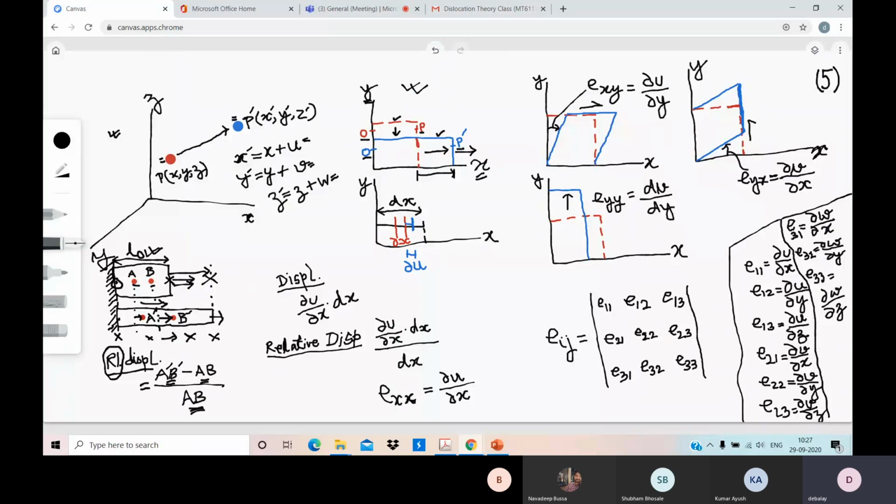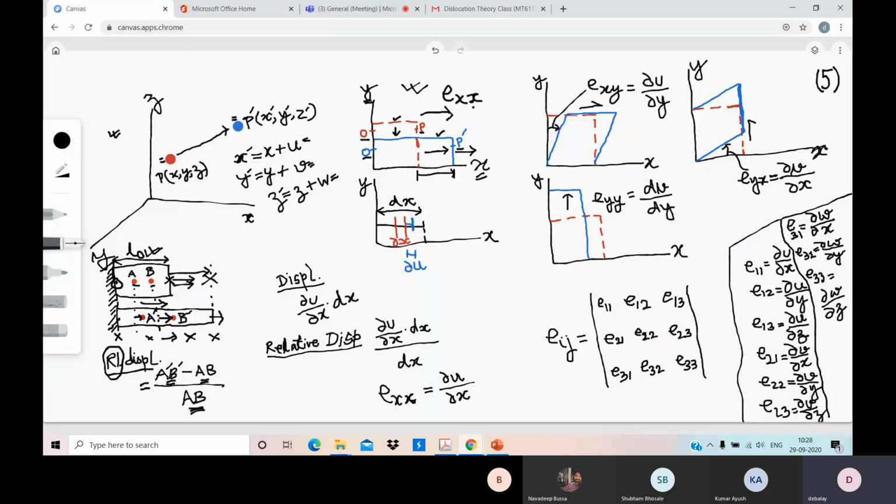Any point in between O and P will go through displacement which is more than the O point but less than the P point. So the displacement is happening along the direction x, and it is proportional to the direction x. That's why the relative displacement that we get from this, we express in this form. We write it as Exx.